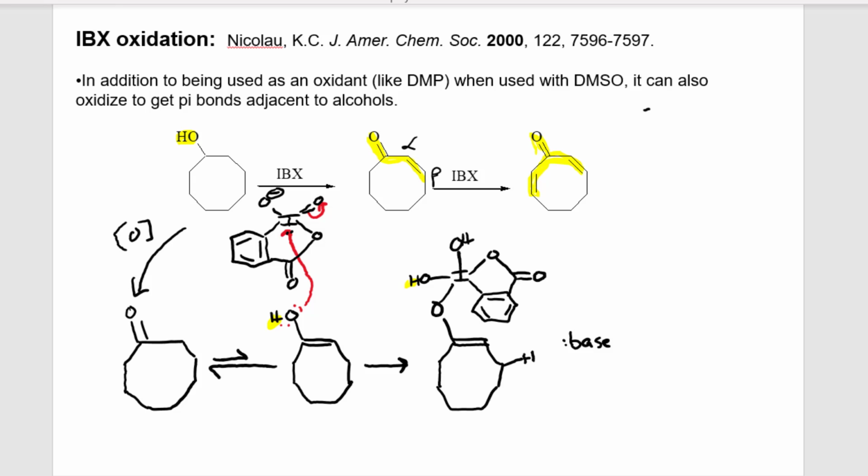So something is grabbing this hydrogen, possibly one of the O- from the IBX, from another IBX molecule, kicking the electrons in, pushing the electrons to get us here.